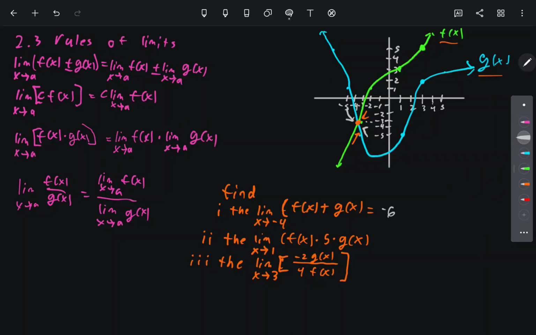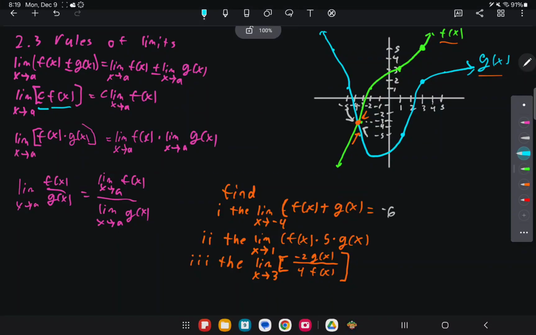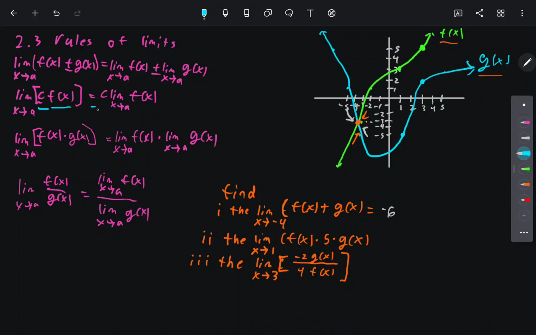Alright, continuing on to our next limit rules, or our next two limit rules that we need. It's going to be the limit as x approaches a of a constant times a function f of x is equal to said constant times the limit of the function f of x.